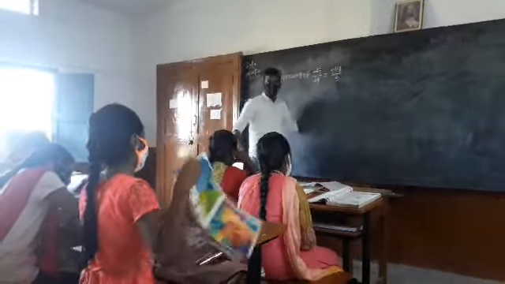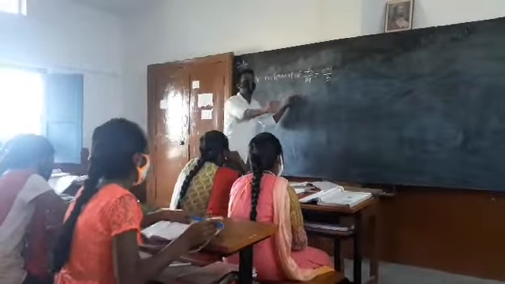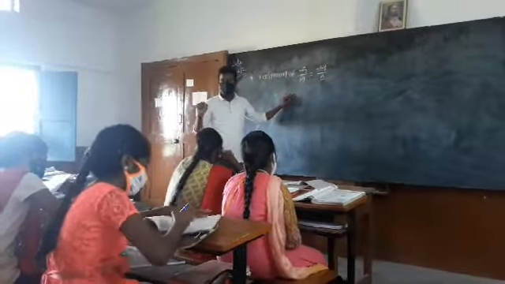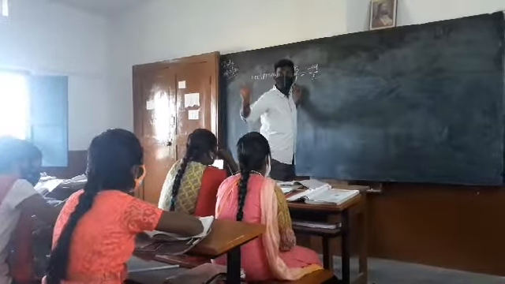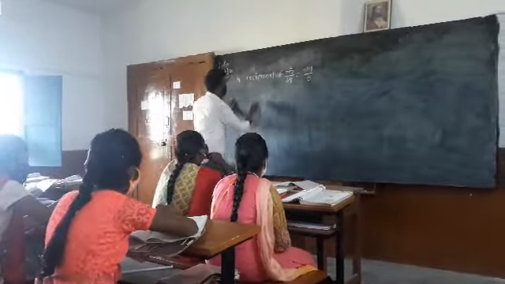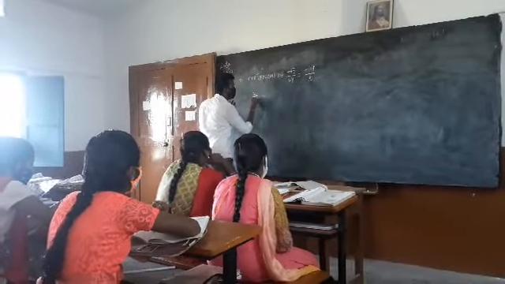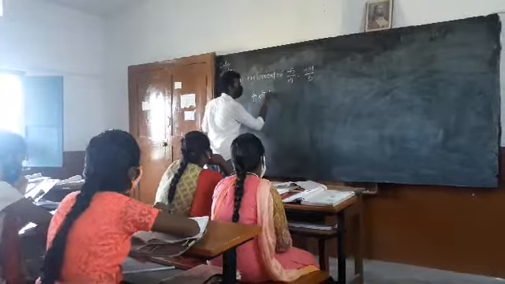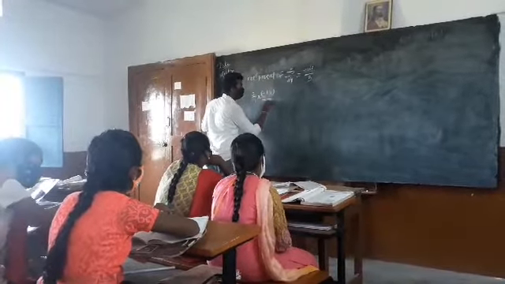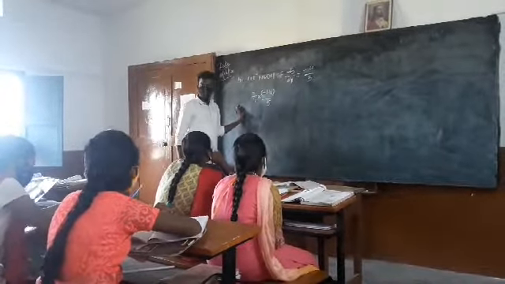Very good. Soon after finding this, you can directly multiply. It is just multiplication of this number with 2 by 11. Understood? So, 2 by 11 into minus 14 by 5.